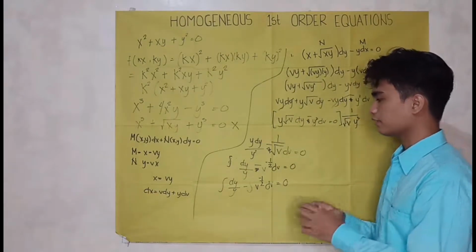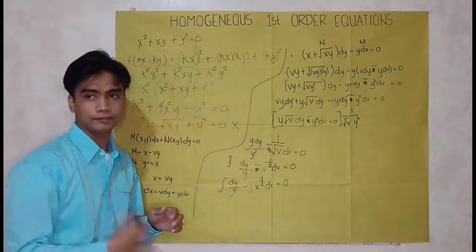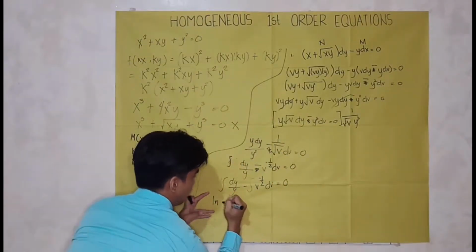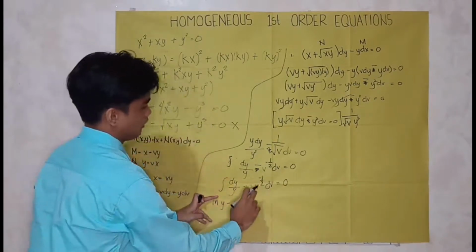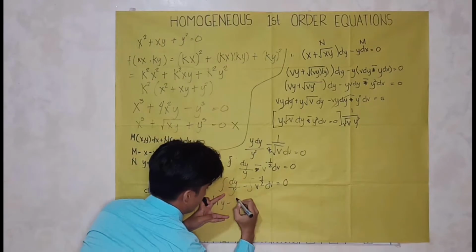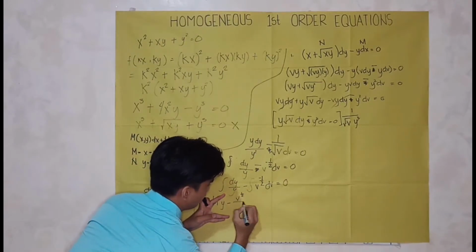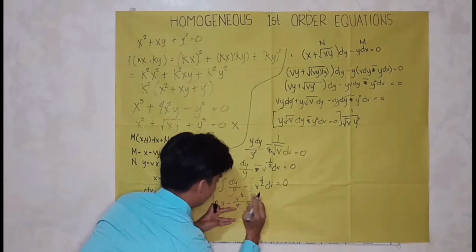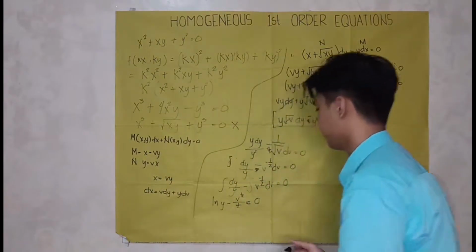So ang integral of dy over y is ln y minus, so integral po nito ay v raised to 1 half over 1 half, so equals to 0.